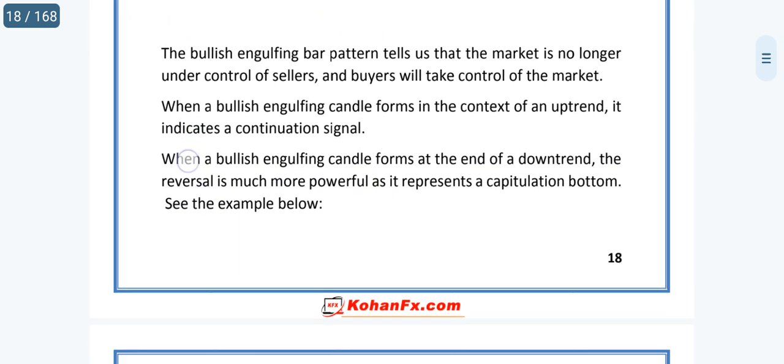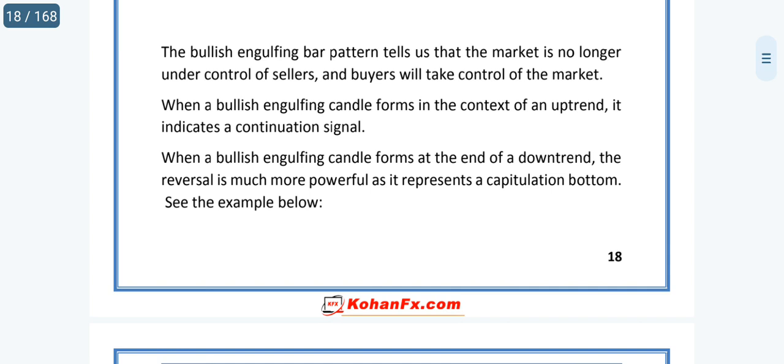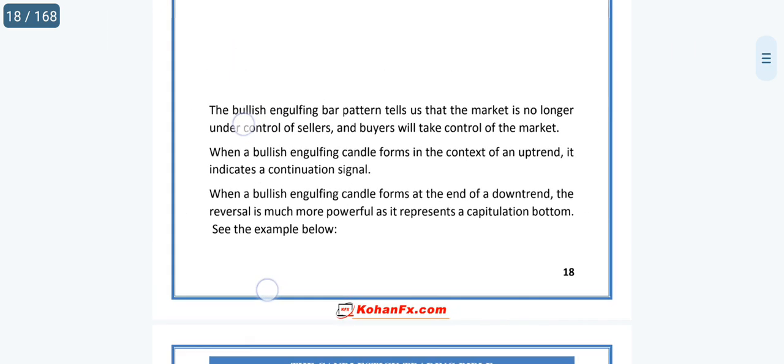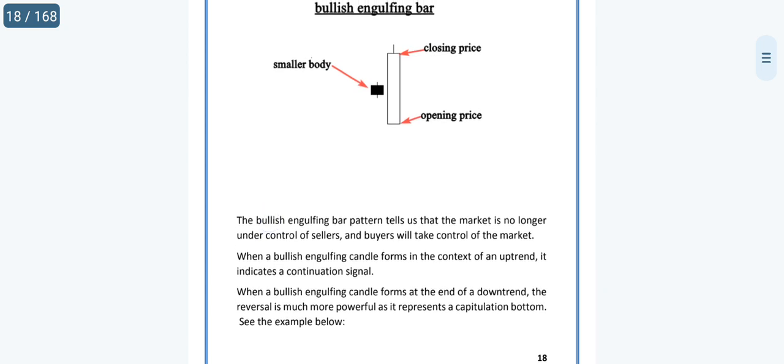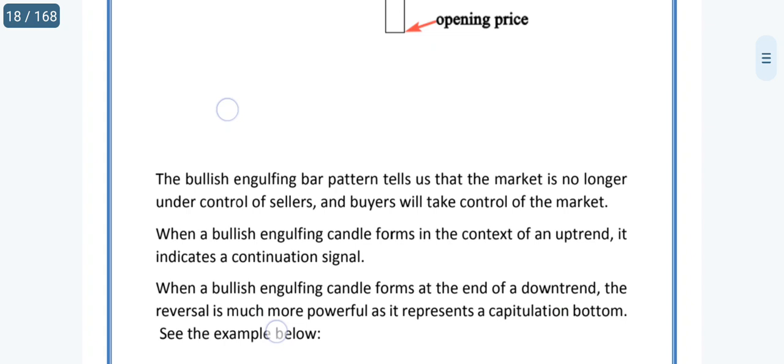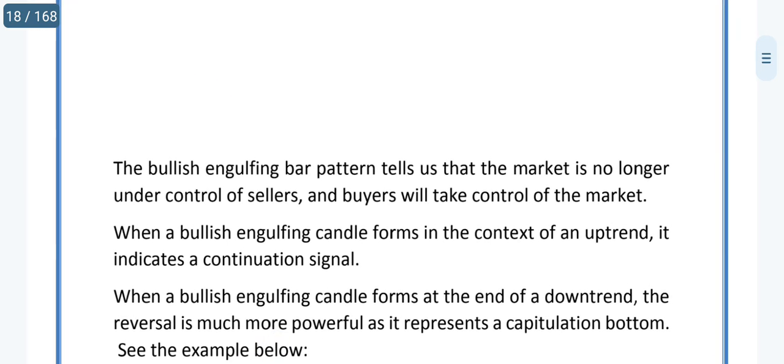The bullish amplifying bar tells us that the market is no longer under the control of the sellers, and the buyers will take control of the market.